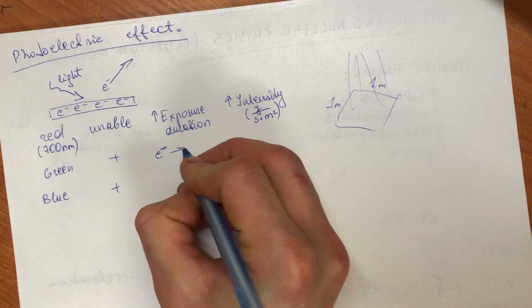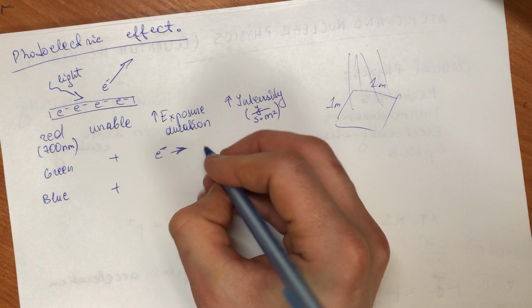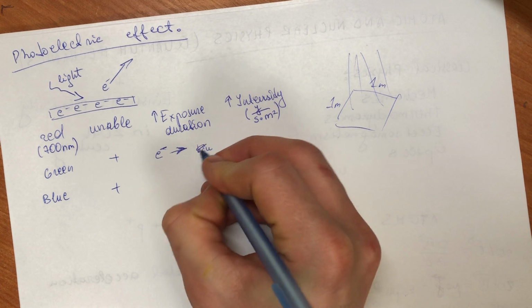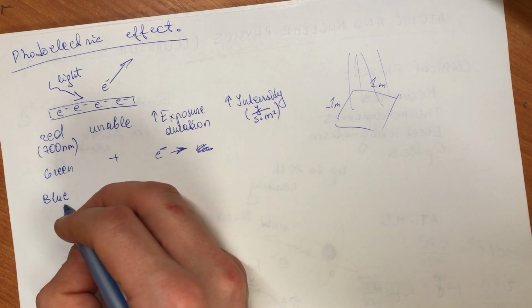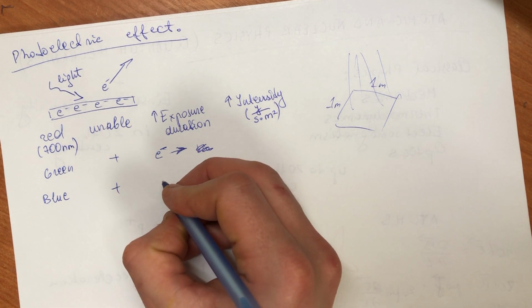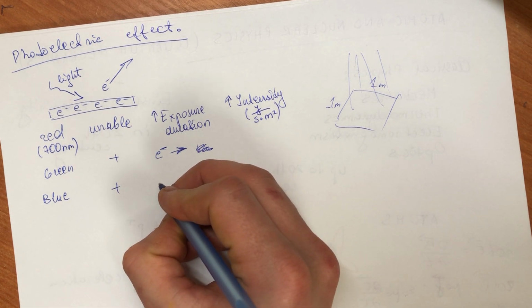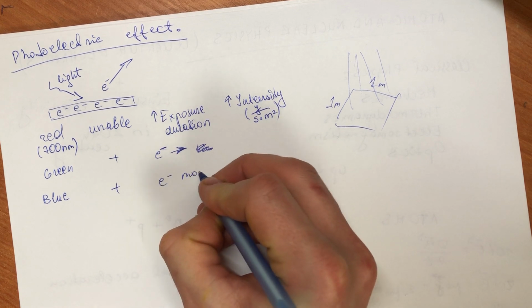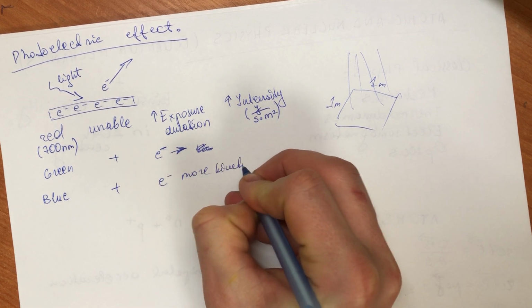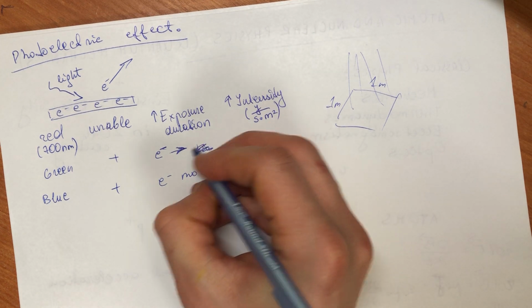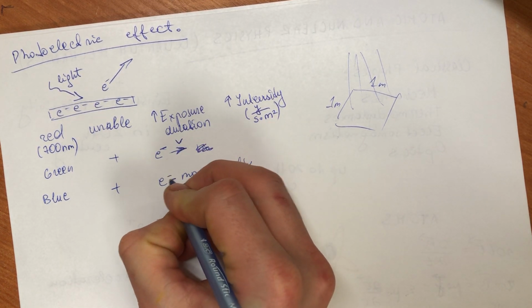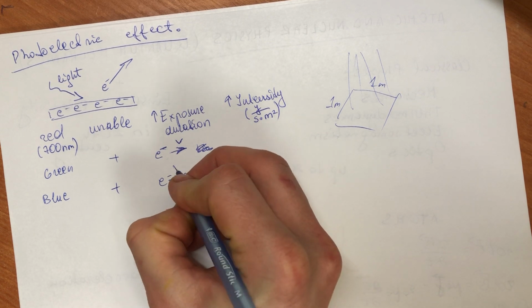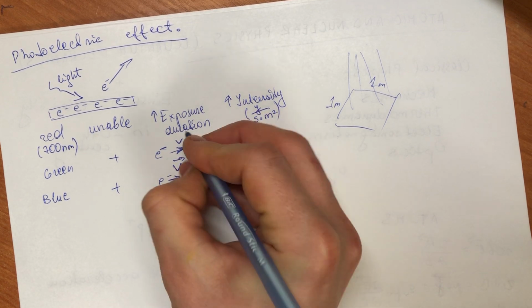If it's flying, yes, it had kinetic energy, but blue color produced electrons having more kinetic energy. So it means that this electron was flying with some velocity, capital V, let's say.